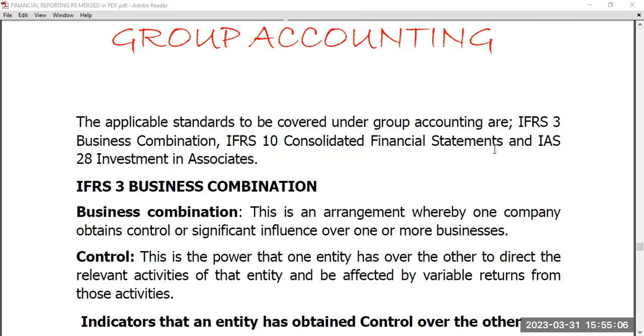The few areas we are going to discuss more in the preceding videos are IFRS 3, business combination, and IFRS 10, consolidated financial statements, and the steps we go through so that we can prepare those financial statements as we discussed earlier.